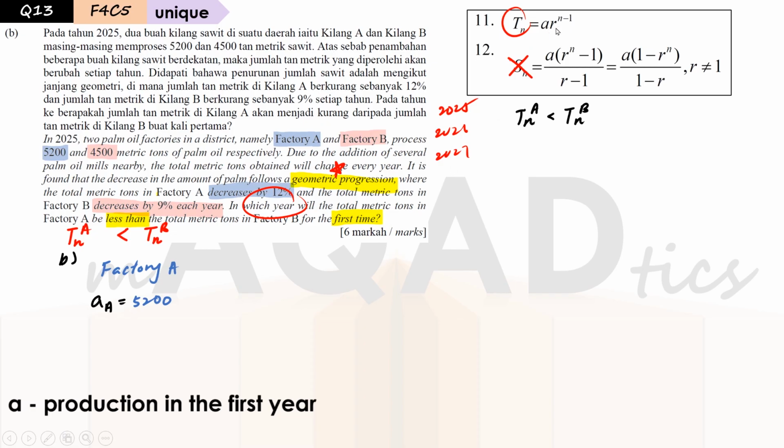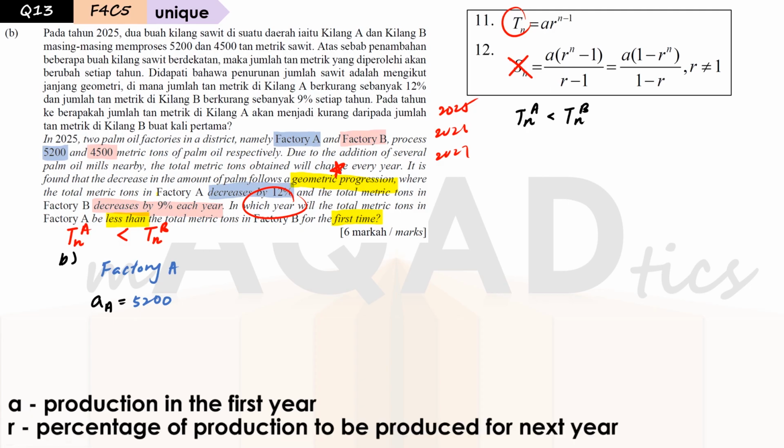And r is the common ratio. So this common ratio would be the percentage of amount that would be produced for the next year based on the previous year. So can we use 12% as r? Actually cannot, because this 12% represents the decreased amount year to year.